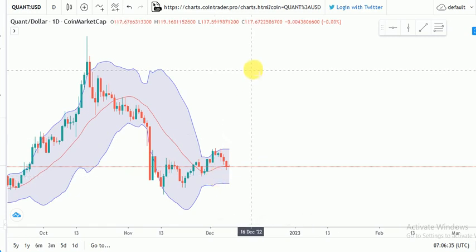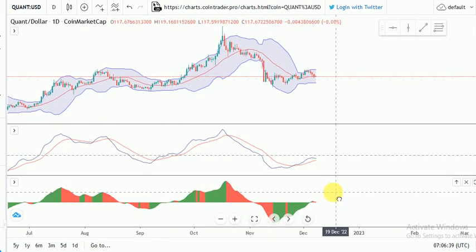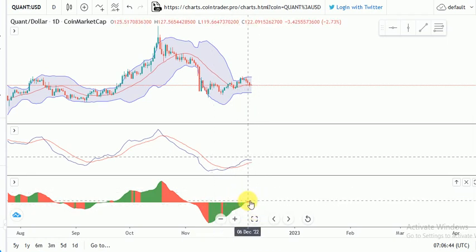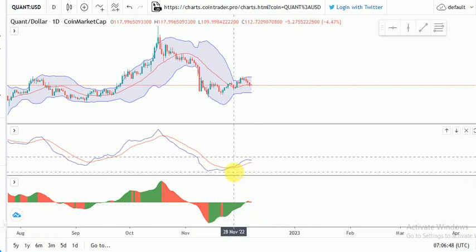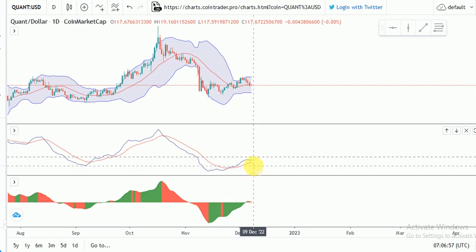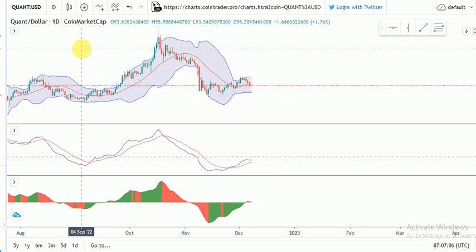If we bring up the indicators on this page, we are very bearish on our money flow. It's telling us a lot of money is leaving Quant. We probably could see even further downward price action, probably down to the 105 region, right?